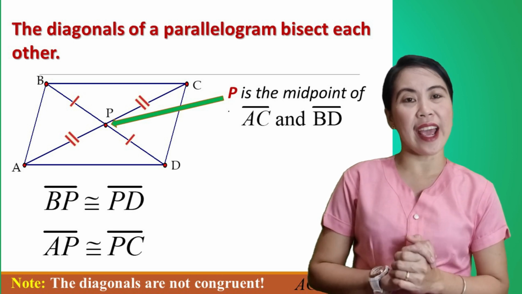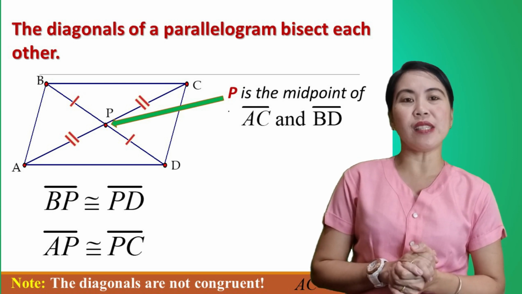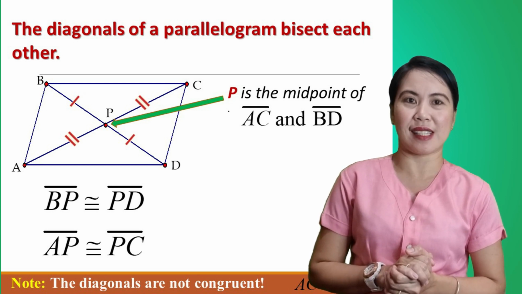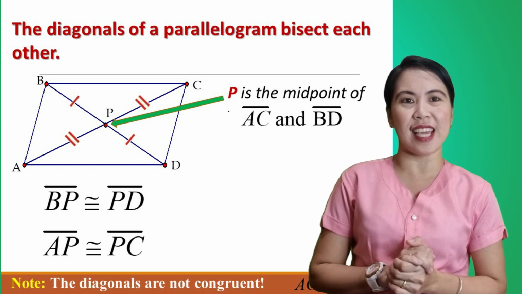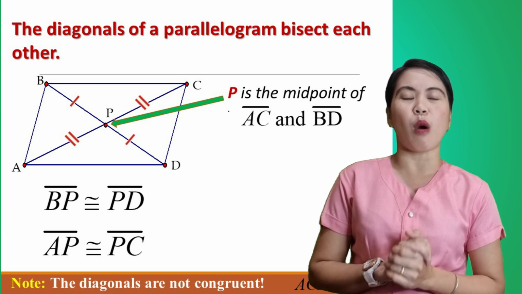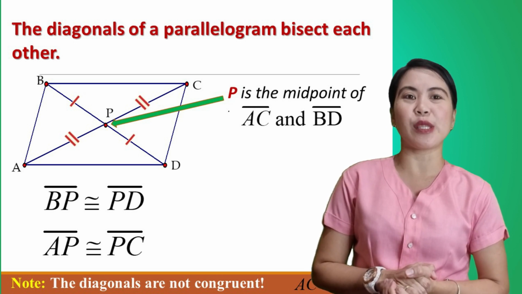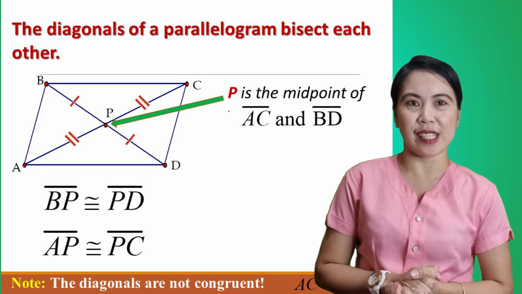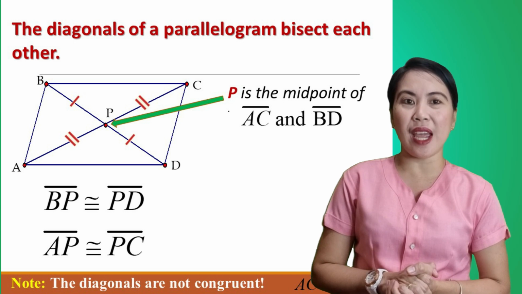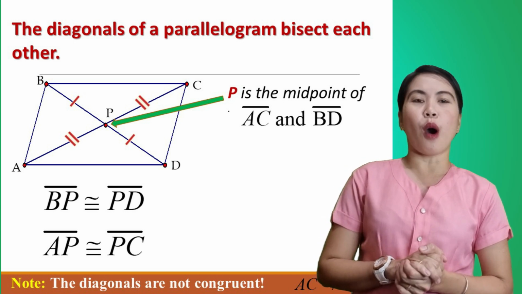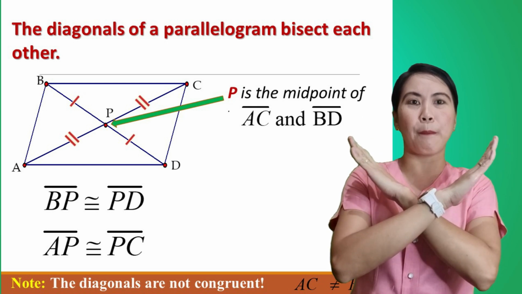When you say bisect, it divides the other diagonal into two congruent parts. So looking at parallelogram ABCD again, the point of intersection of the two diagonals is known as the midpoint. So in this parallelogram, point P is the midpoint of diagonal AC and diagonal BD.